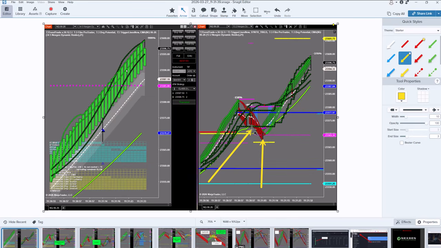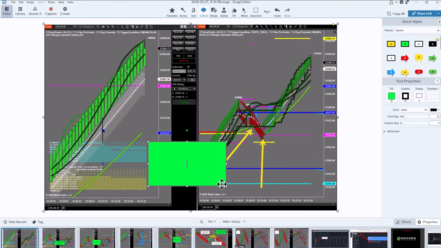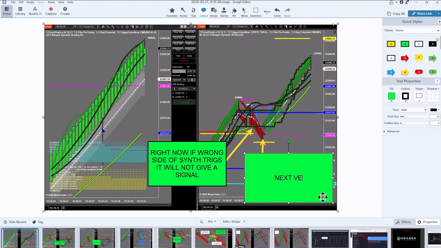So right now in version 13.2 that you guys have, in the next version, okay, I'm going to explain this to you real quick.